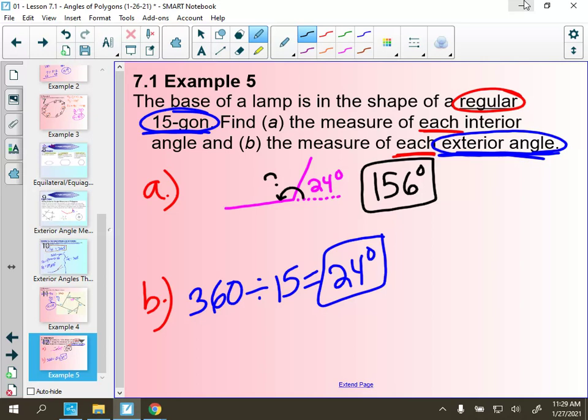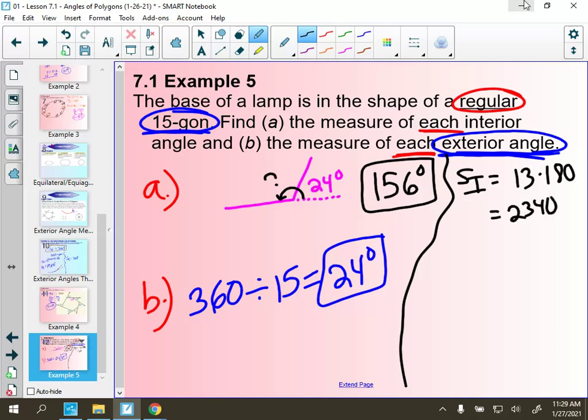So if you did it the other way, just so you can kind of see it, the sum of interiors, if you started here, you would have to calculate 15 minus 2, which is 13 times 180, which is 2340. And then I'd have to take that number and divide it by 15, which I hope, unless I screwed something up terribly, it works out.